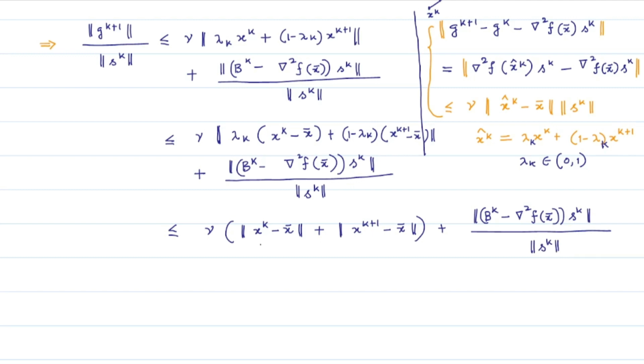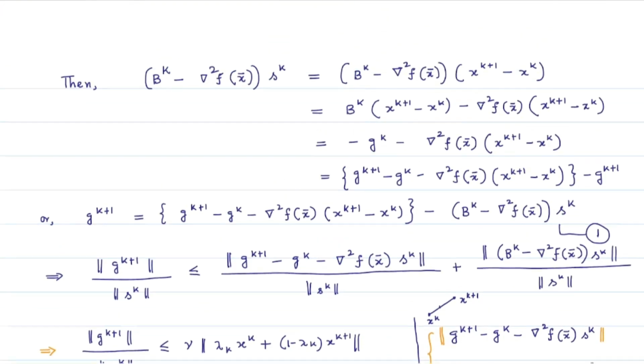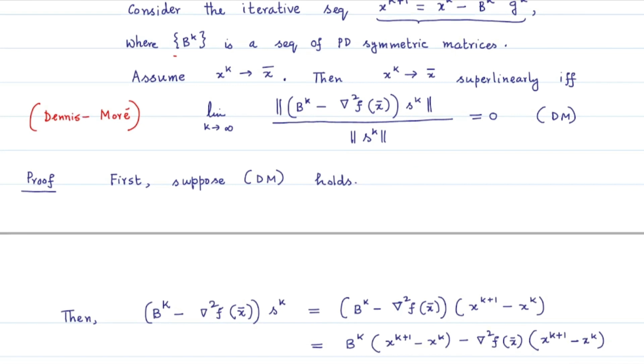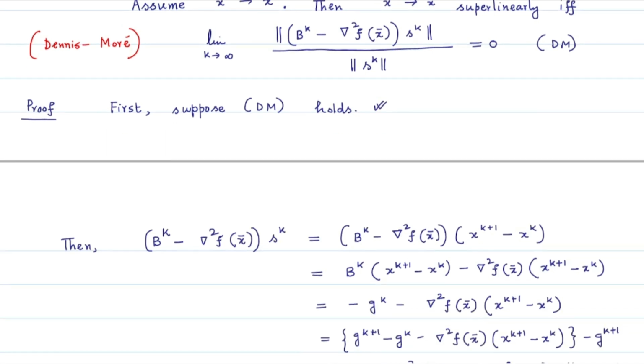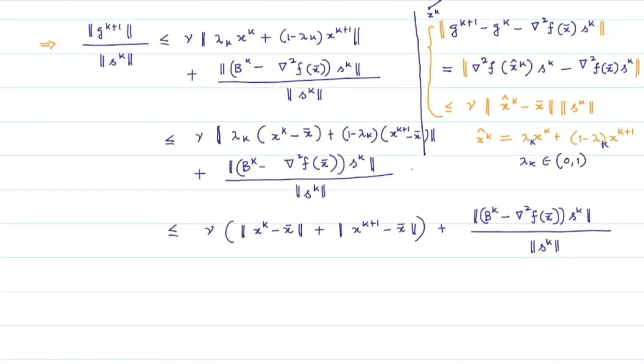Now, as we have assumed that the sequence xk converges to x bar, and also we have assumed here for the forward part that this Dennis-More condition is satisfied, so we have this xk converges to x bar and this quantity converges to 0 as k tends to infinity. So this right hand side converges to 0 as k tends to infinity.